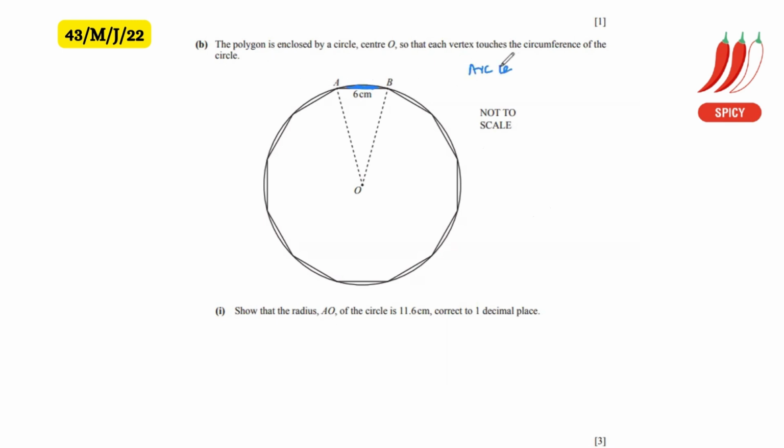So arc length would be 30 over 360 times 2 pi r, where r is 11.6. When you solve that, what we get is 6.07 centimeters. So the perimeter is going to be 6.07 plus the 6 centimeters, and that's 12.07 centimeters. That's the perimeter of the shaded segment.